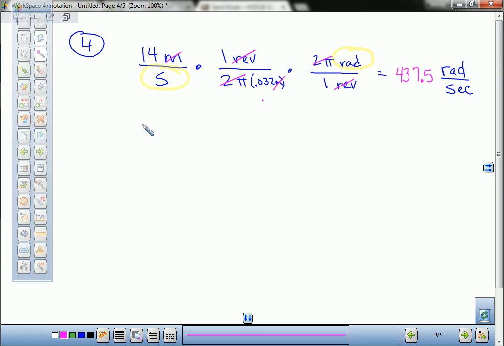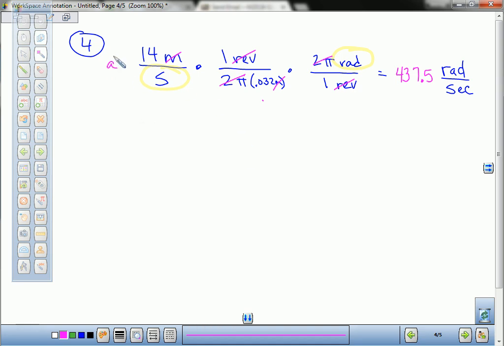The calculator only has so many digits of pi, so that would be why. Where did that 0.201 come from? That's 2 times pi times 0.032. That's why it's slightly different. You're close enough.